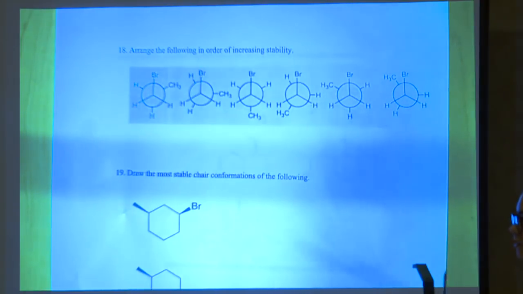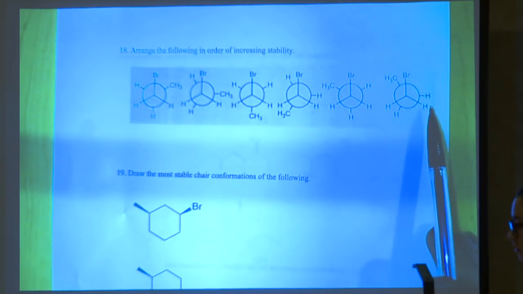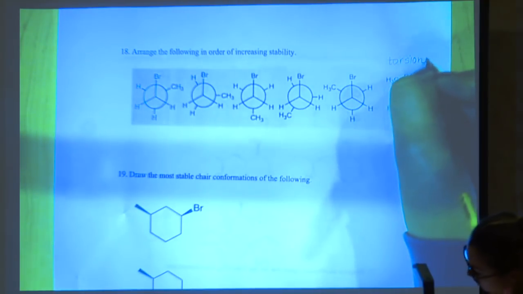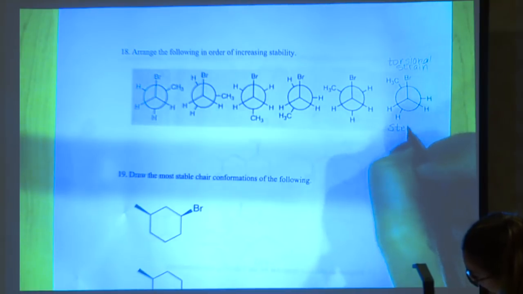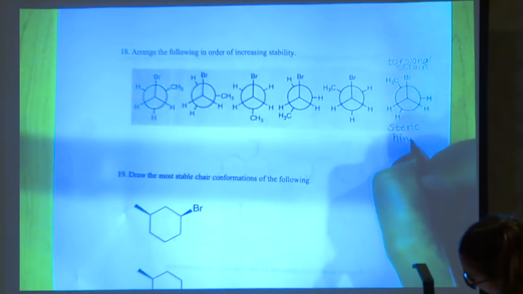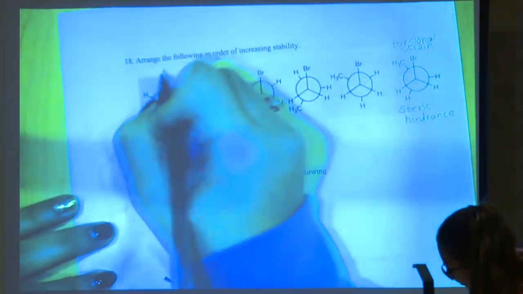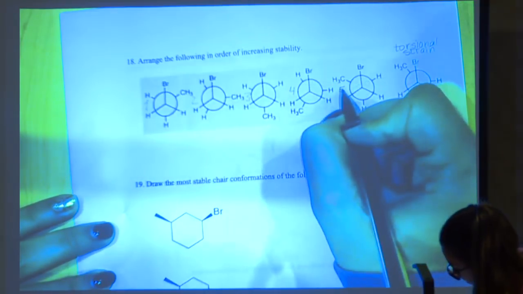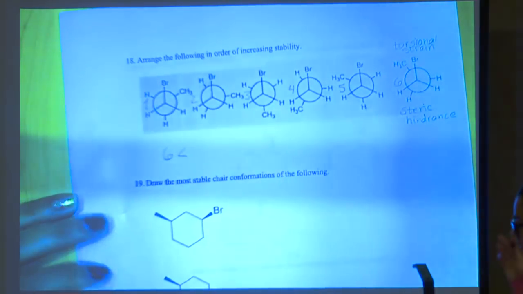So which one has the most hindrance? The last one. What does it have? Good. So it has torsional strain and what? Good. So this has both, making it very unstable, right? So actually I'll number these just to make it easier. So 6, and then what next?